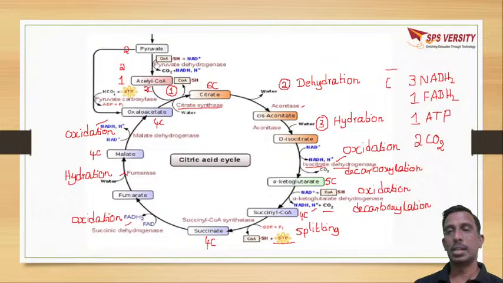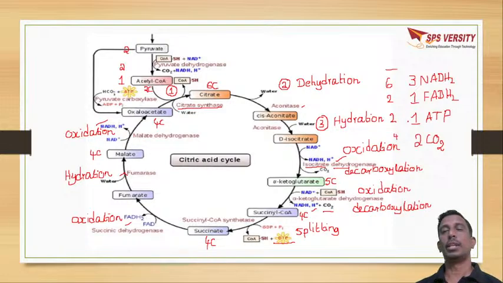That is 6 NADH2, 2 FADH2, 2 ATP and 4 CO2. So for 1 glucose, in the Krebs cycle, 6 NADH2, 2 FADH2, 2 ATP and 4 CO2 are released.